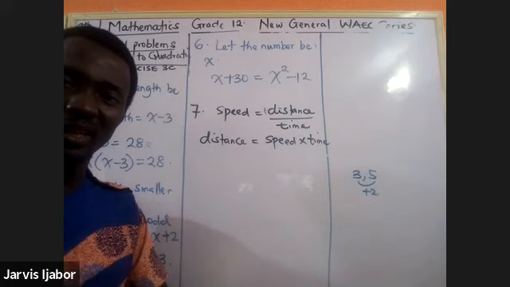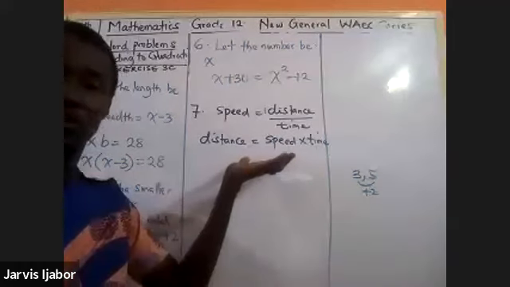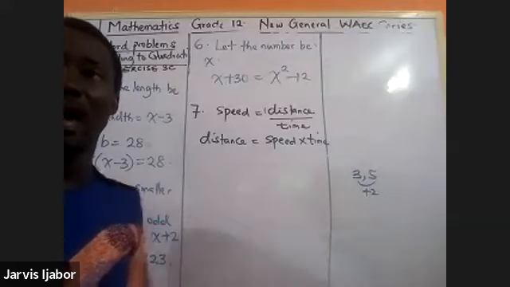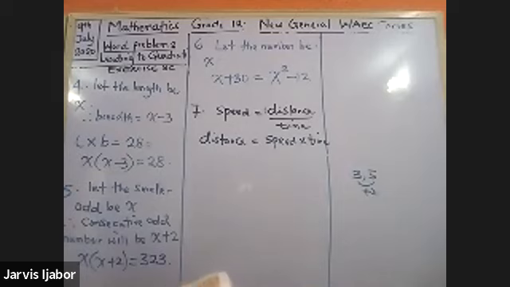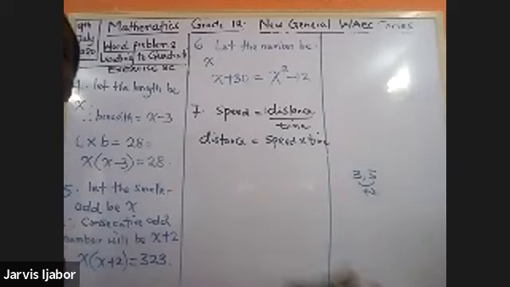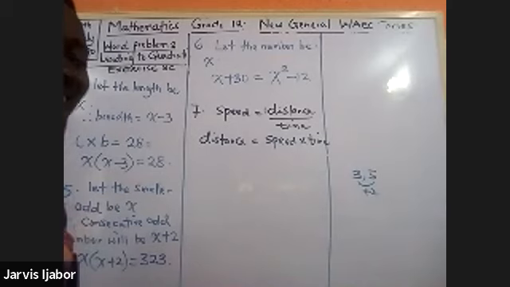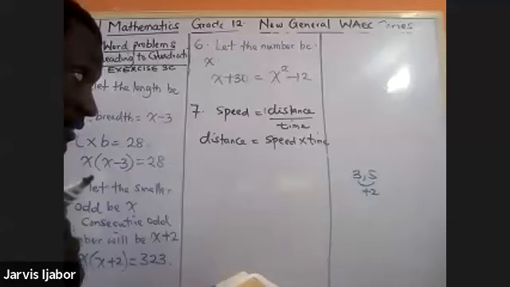So I've gotten this. This is what I got as understanding. So I'm going to read the question again and begin to look out for where I need to modify or rearrange my equation. Now, a cyclist travels from A to B. Whether it's going from A to B or coming back from B to A, the distance is the same. Take note of that.